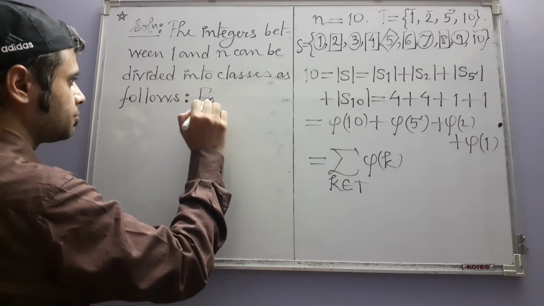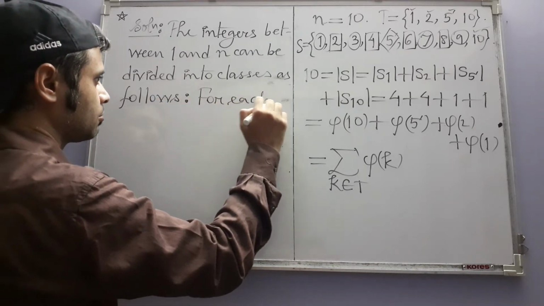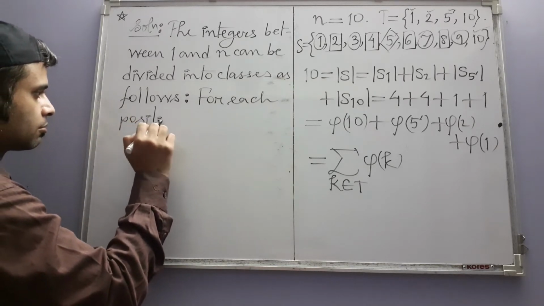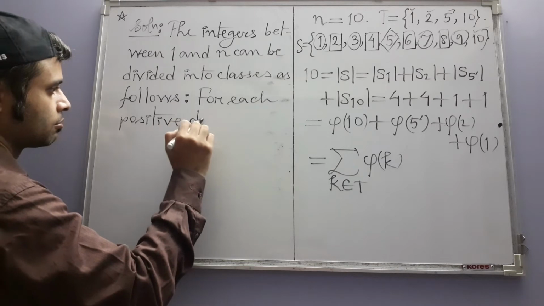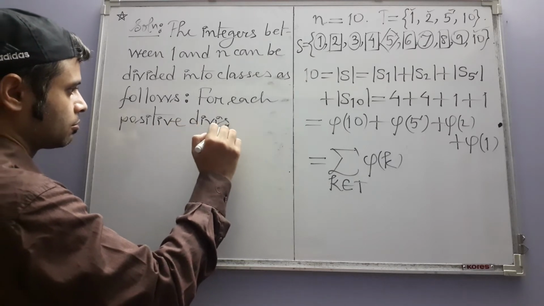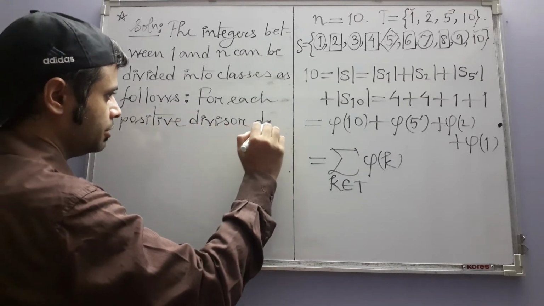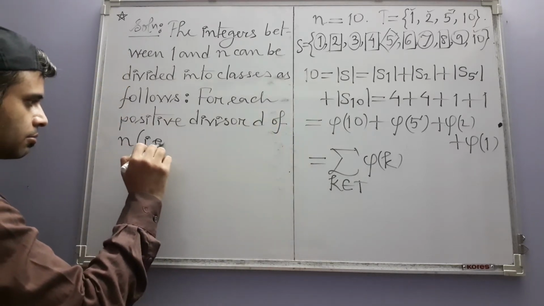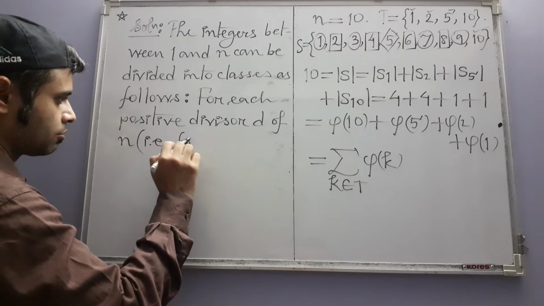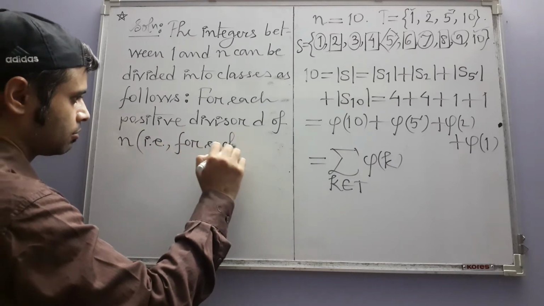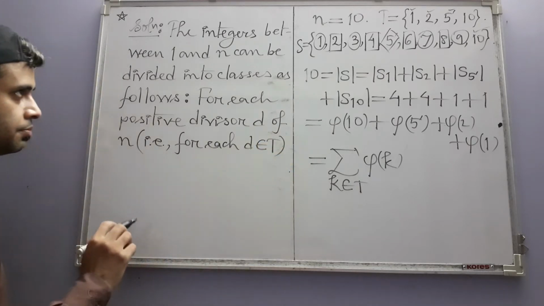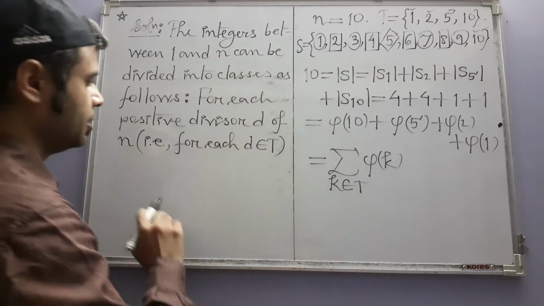For each positive divisor d of n, that is, for each d belonging to T, like what we see there.